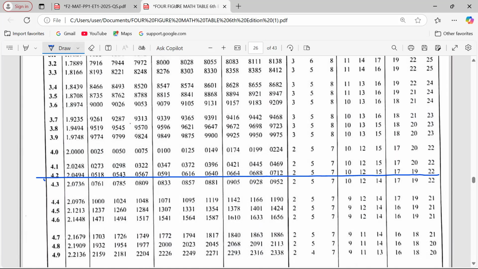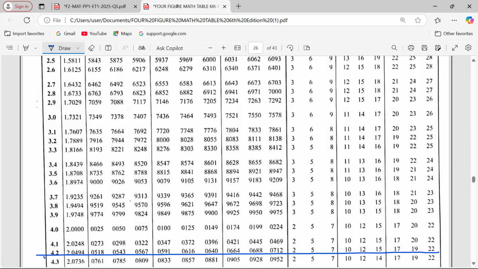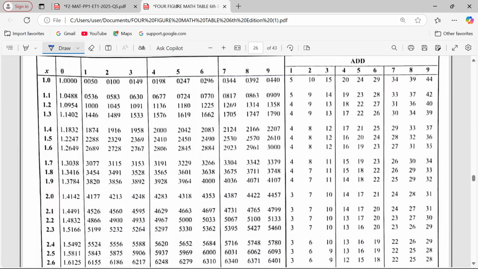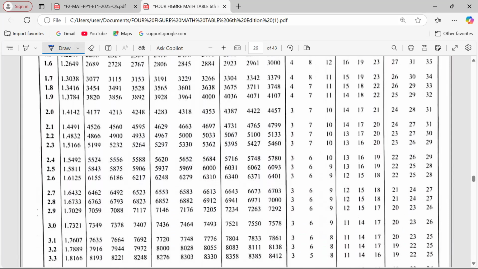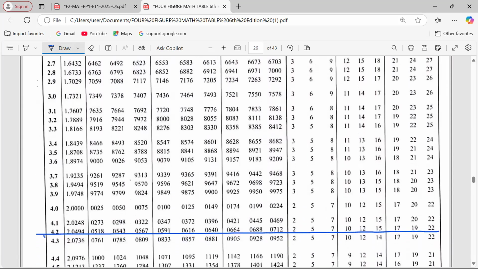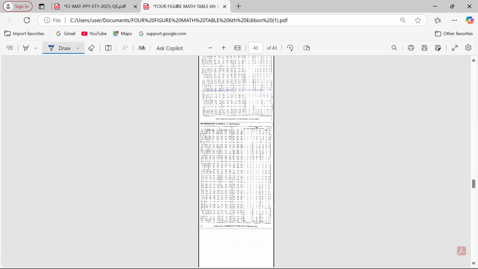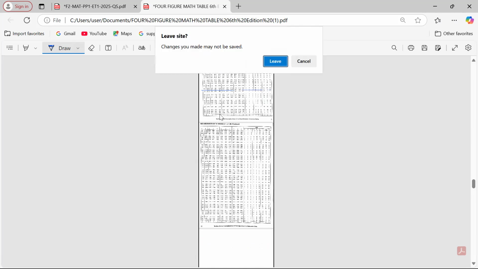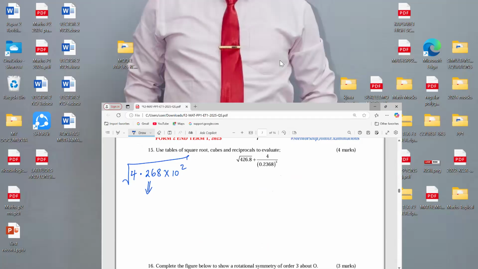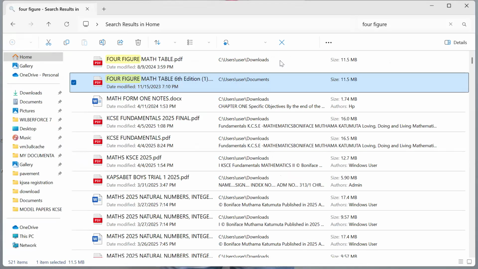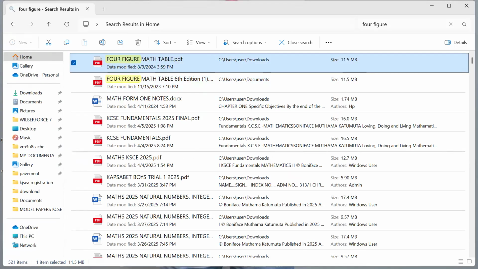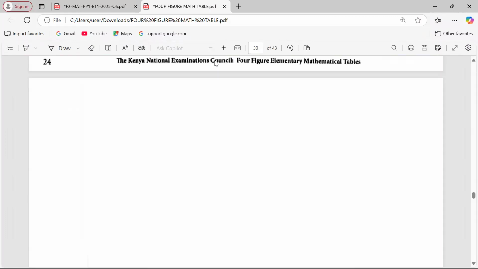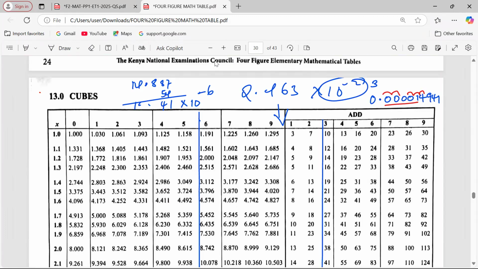Then we go to the column that has 6. The column that has 6 is going to be this one. Sorry, let me zoom the math table so that you may see exactly what is happening.